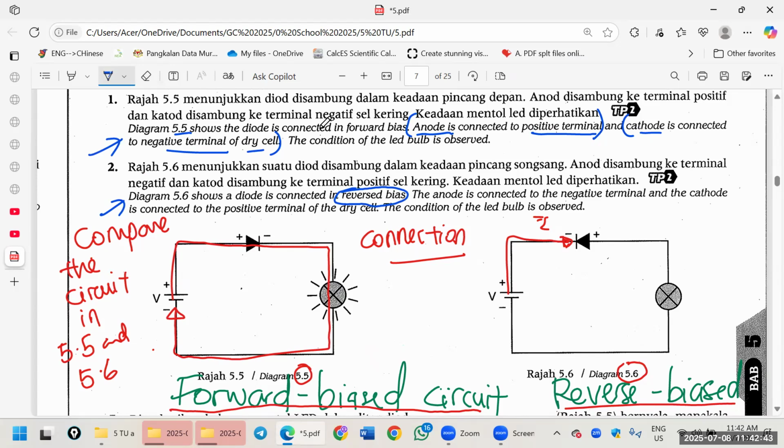Tell me the connection. Positive terminal connected to the cathode, or to the n-type semiconductor. You don't need to talk about repel, I only want the connection.